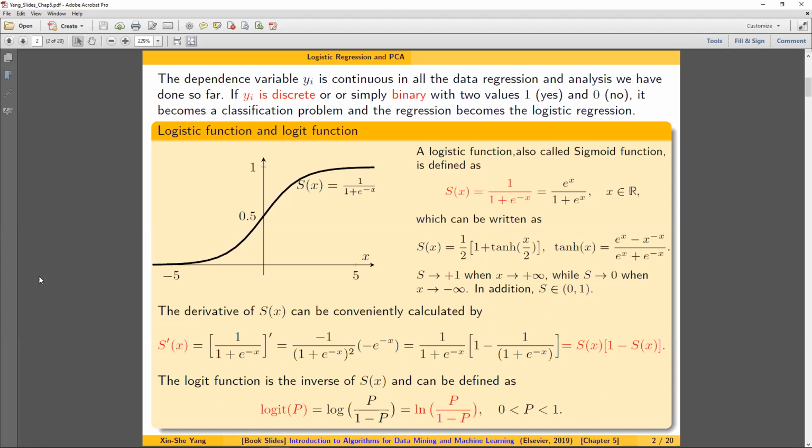Okay, so we can use the logistic function, also called the sigma function, to define logistic regression. Let S(x) stand for the sigma function of x. It is 1 over 1 plus e to the power of negative x. If we multiply both denominator and numerator by e to the power of x, we get e^x divided by 1 plus e^x.